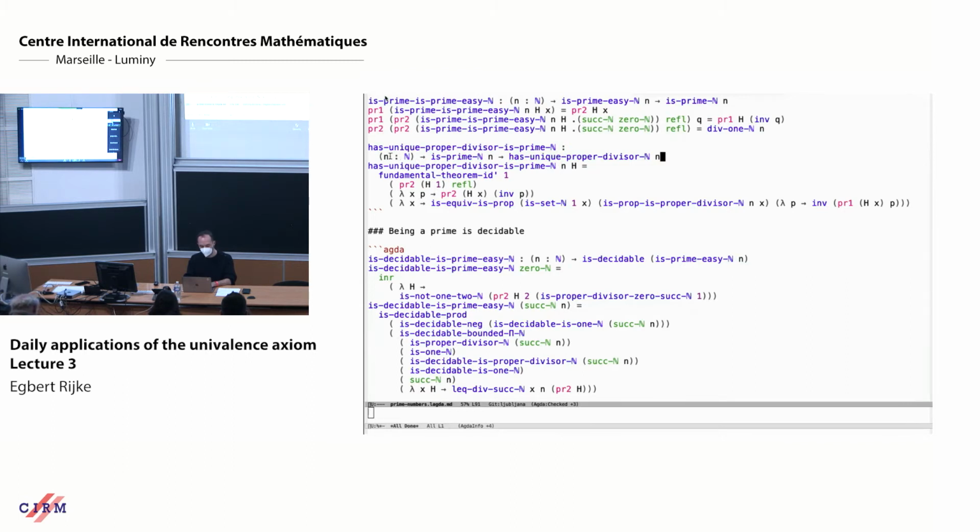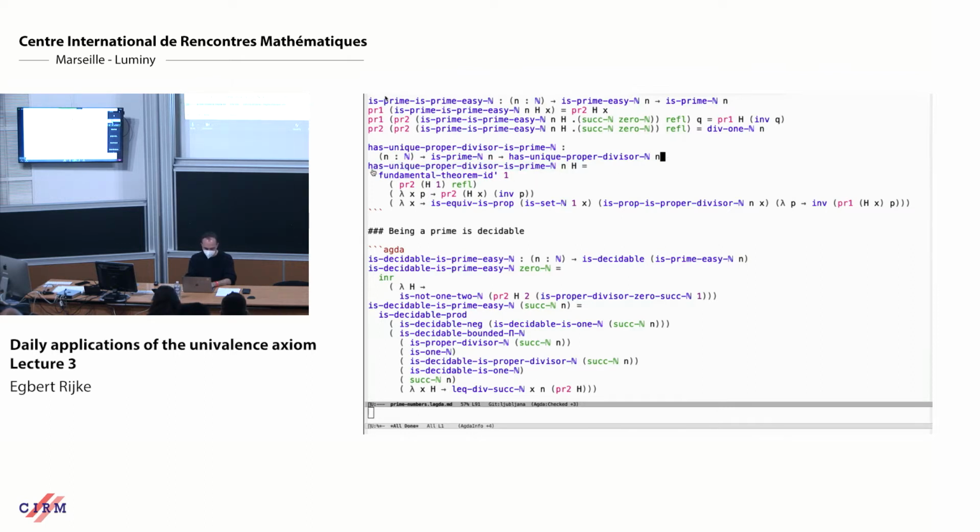For every natural number, if it's a prime, then it has a unique proper divisor. So here we're going to define an element of the type above, and we assume a natural number, that's this one, and we assume that this natural number is prime. Now we're going to define a term of type has unique proper divisor, which is the type is contractible of the total space of proper divisors.